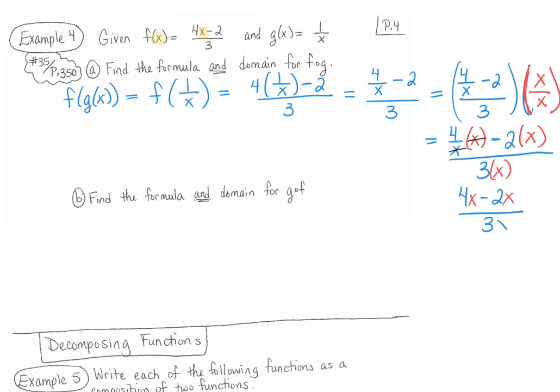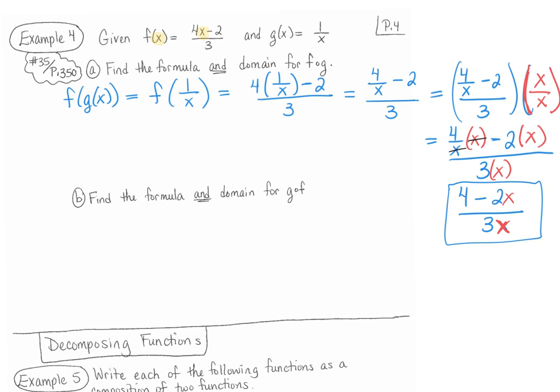It's 4, right? So that should be 4, not 4x, because the x is canceled out. So you have 4 minus 2x all over 3x. Okay? So this is our formula. This is the first part of our answer. That's the formula for f composed with g.